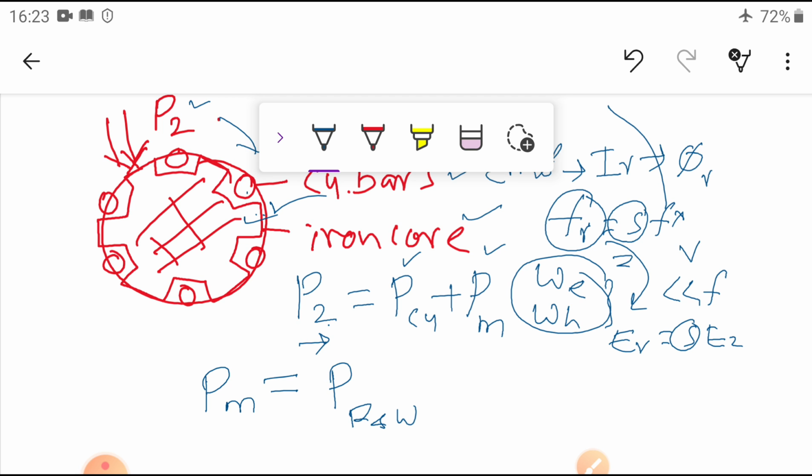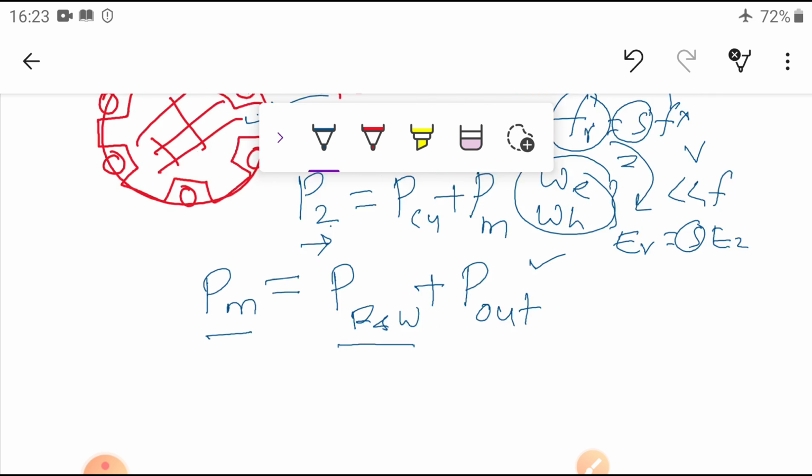After that, the net power is the P out of the rotor. So whatever mechanical power is generated in the rotor, minus friction and windage losses, gives the output of the rotor.